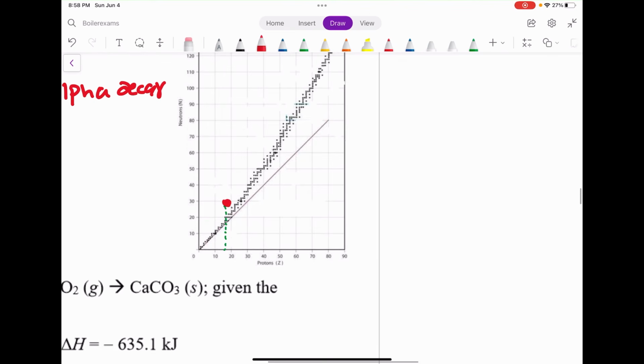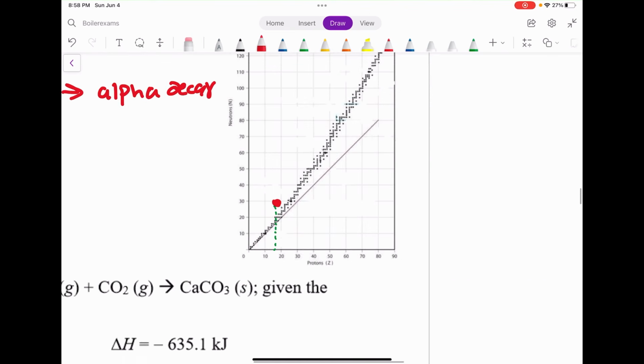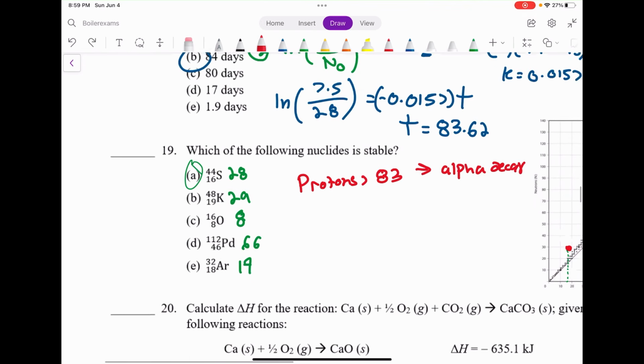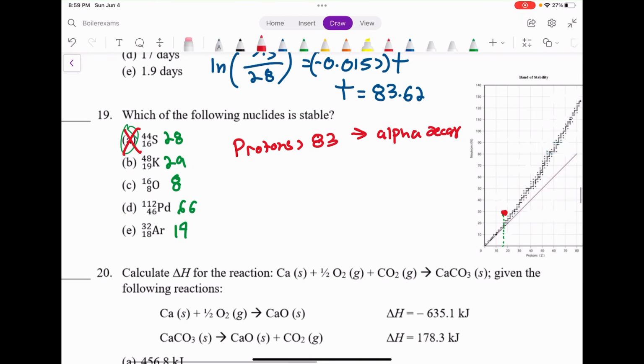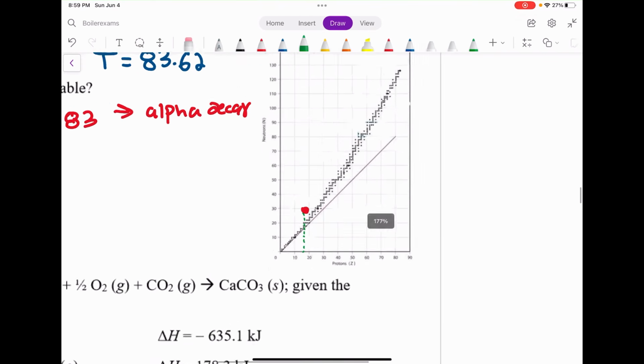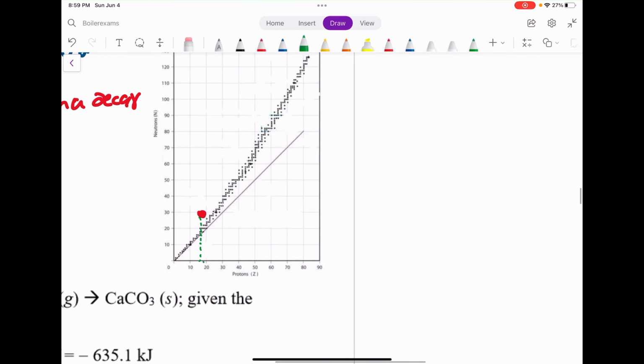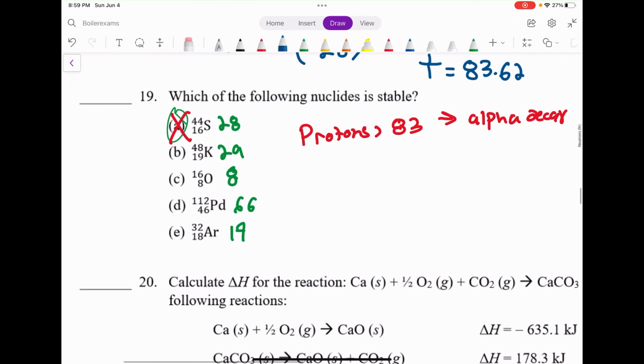So this is answer choice A, and that is far-ish away from the line of stability, so no. Okay, next choice. 19 protons, 29 neutrons. Doesn't sound very stable to me. Let's check anyways. Same deal. Answer choice B is right there, kind of far above.